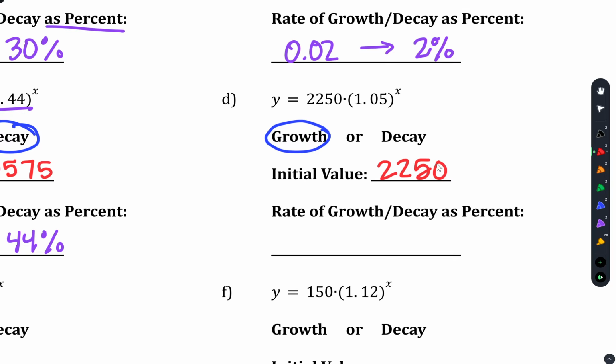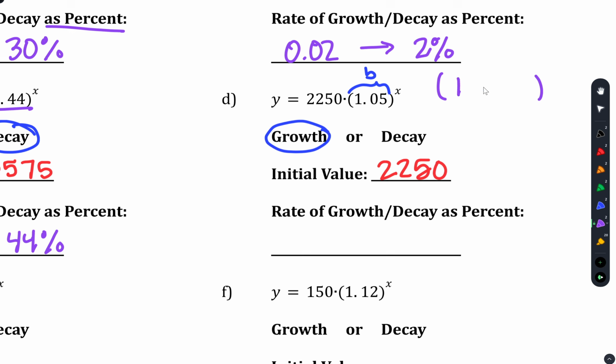Jaden? 5%. Why isn't it 1.05%? Exactly. It's basically written as this is my B value right here. But remember, we're not asking about the B value, we're asking about the R value. To find the R value, it's always like the distance away from 1.